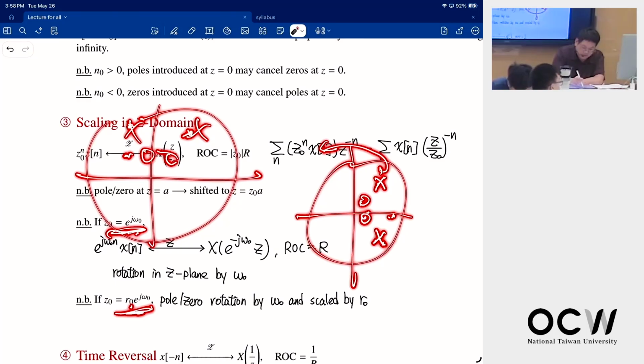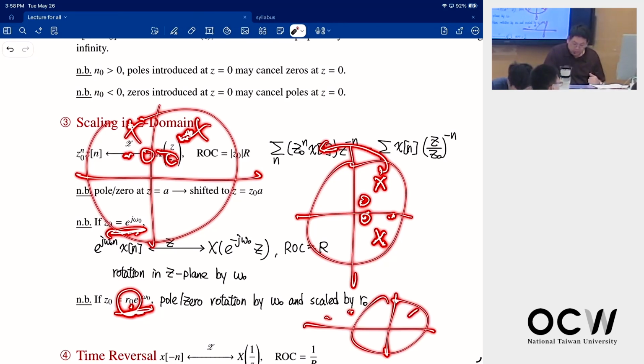But if I have r naught as well, they are scaled. So they may go from here to here, and the zeros maybe to here. They may also be scaled by r naught.